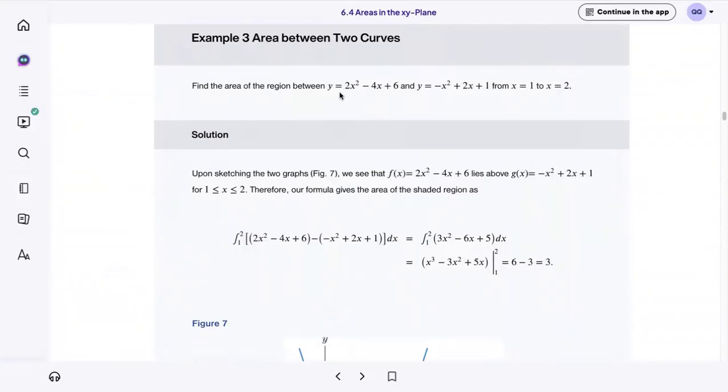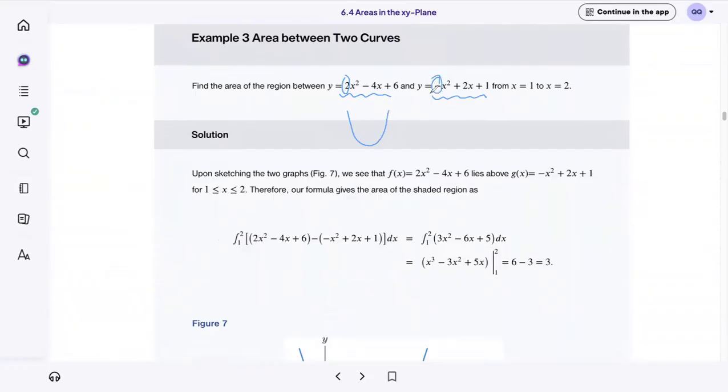Let's see, we have this function. We have 2x squared minus 4x plus 6. We have negative x squared plus 2x plus 1. Well, both are quadratic functions, polynomial degree 2. Positive leading coefficient, so we know that's an upward parabola.